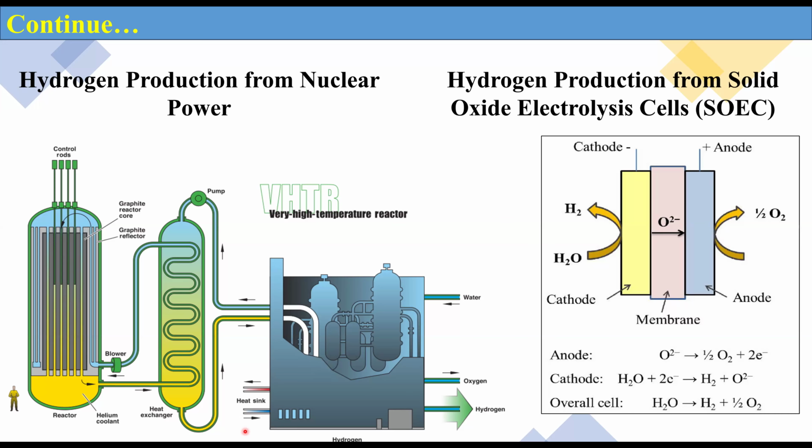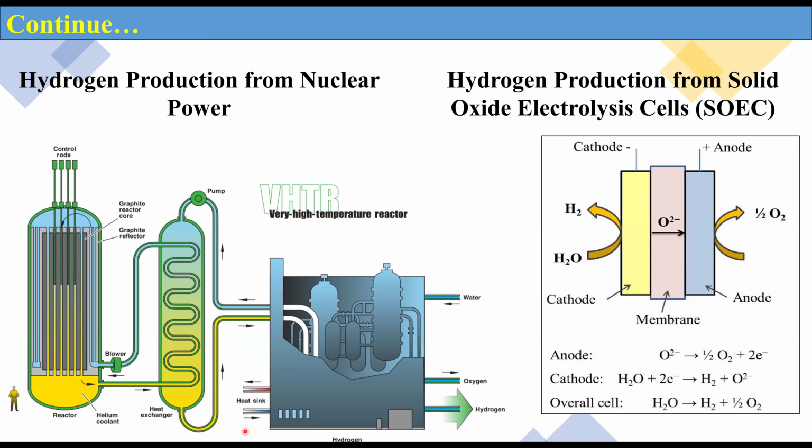The nuclear reactor generates a significant amount of heat during operation at a very high temperature, and this generated heat can be used in a high temperature electrolysis system, or to produce thermochemical hydrogen.